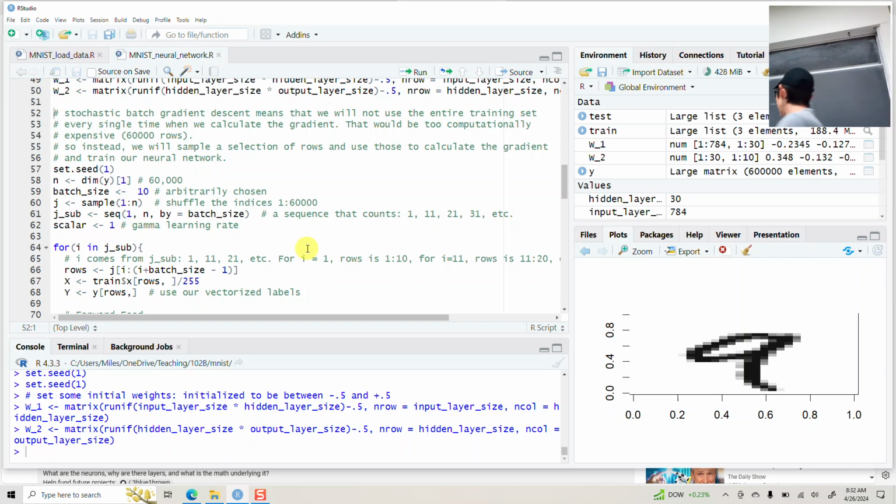I'm going to just do batches of 10 rows. 10 by 784, and then another 10 by 784, and I'm going to have 6,000 of these things. So I'm going to do small batches of 10 rows at a time. I take my 60,000 rows and split it up into 6,000 small batches.